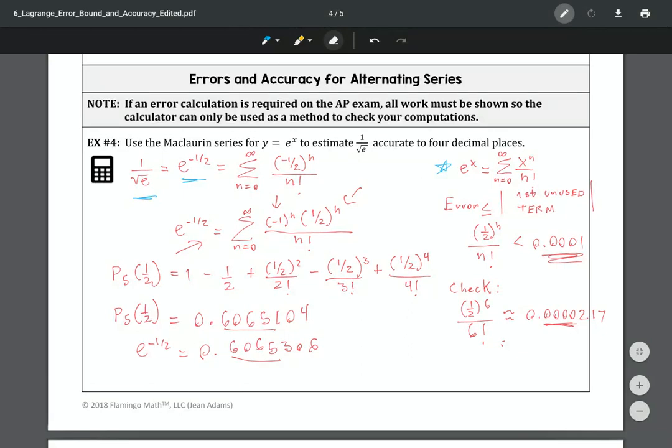You can grab your calculator and start checking: plug in a 1 for n, a 2, a 3, a 4, 5. Once you get to 6, you'll notice that my estimate is going to be accurate up to 4 decimal places. That's why I underlined those 4 decimal places right here.